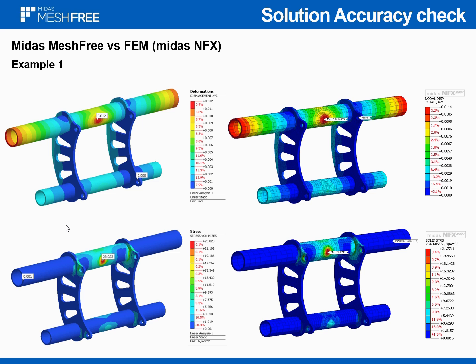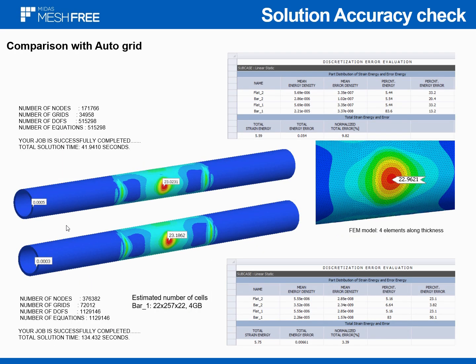So the results are very similar, as well as distribution of the stress is also the same. Okay, so let's make it more accurate and let's compare with automatic approach.